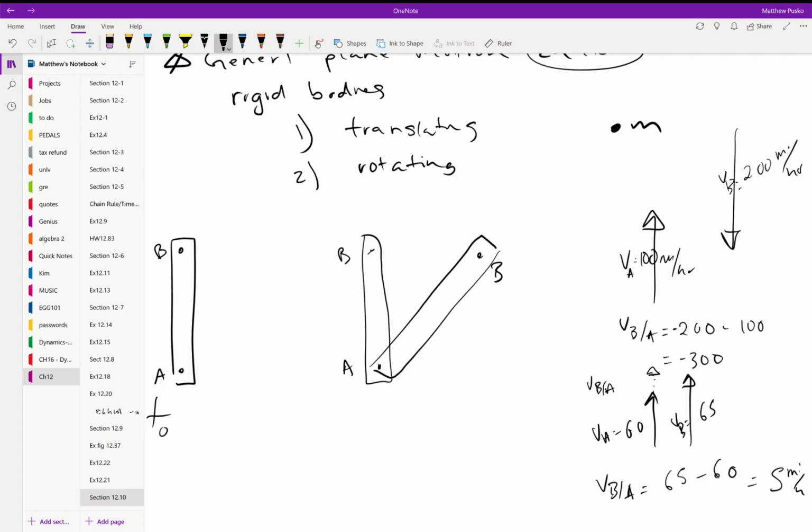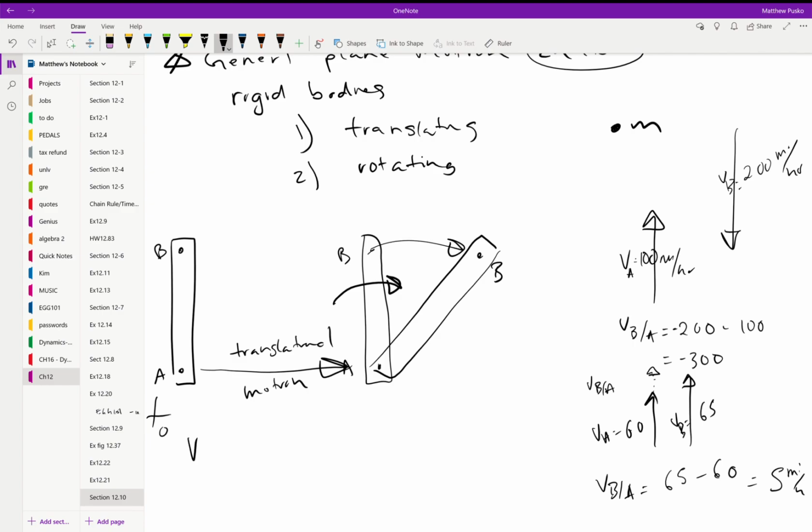To analyze this motion, we're going to need to analyze what happens with A, the translational motion, and then look at the rotational motion that happens to cause B to move over here.